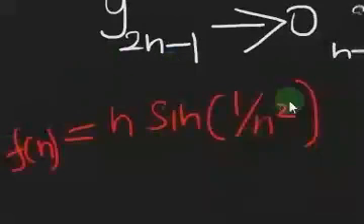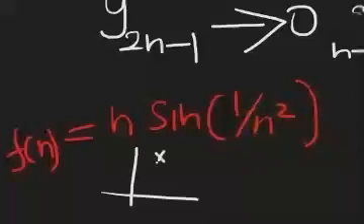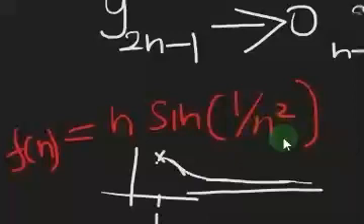We know this one is positive and this sine function is decreasing as n increases, because sine of 1 over n squared decreases to 0, the sine curve kisses the x-axis as n tends to infinity.